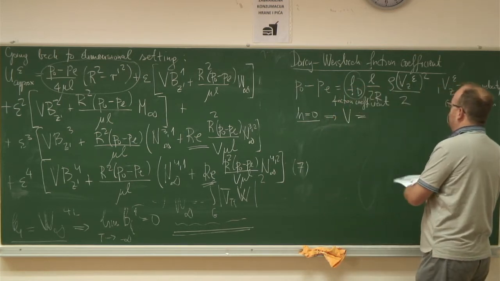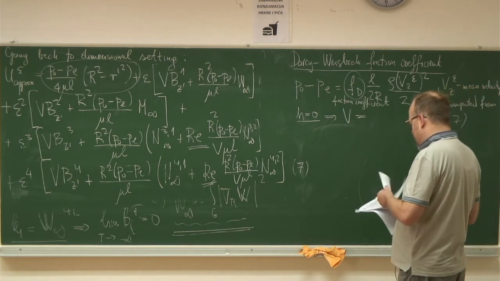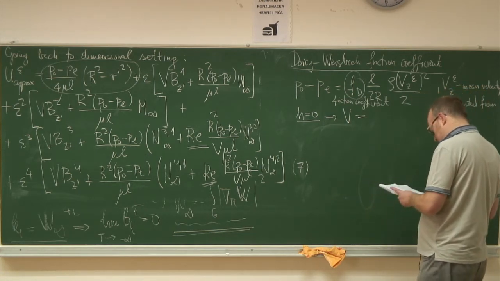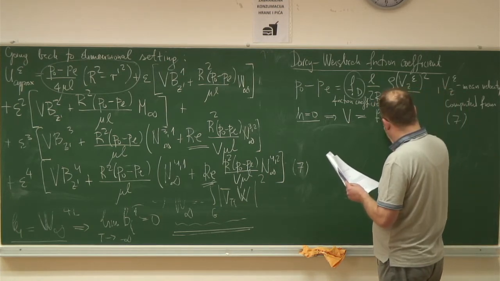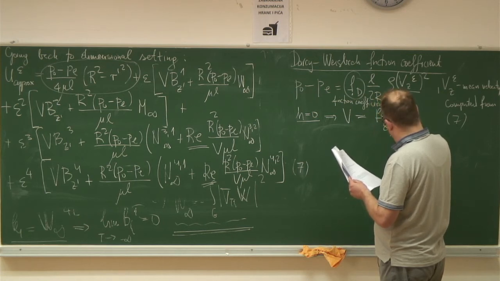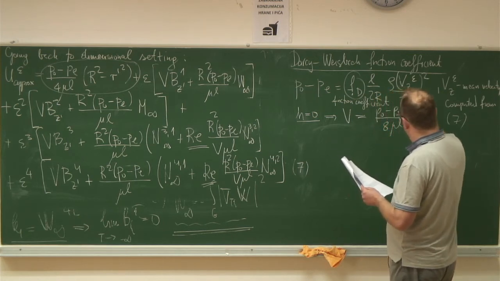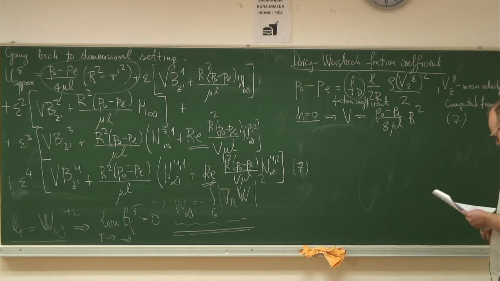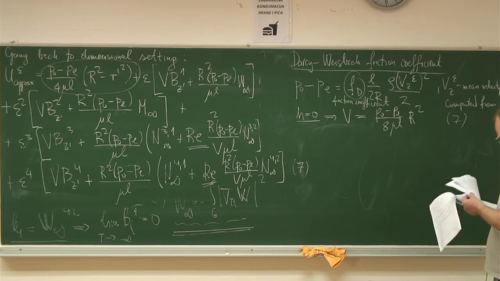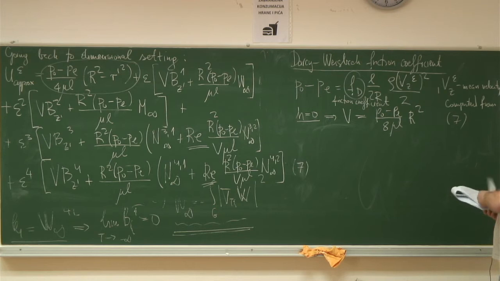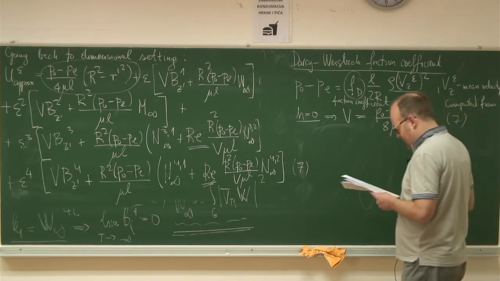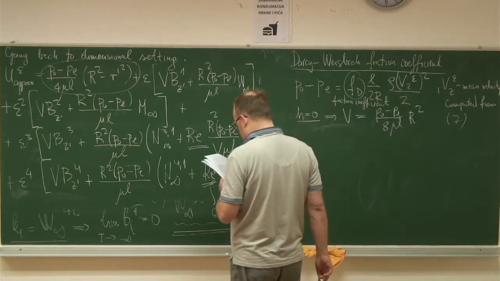So for H equal to 0, this mean velocity is essentially the mean velocity of the standard Poiseuille velocity, and it takes the following form that we did last time. Okay. So now we obtain something like this.